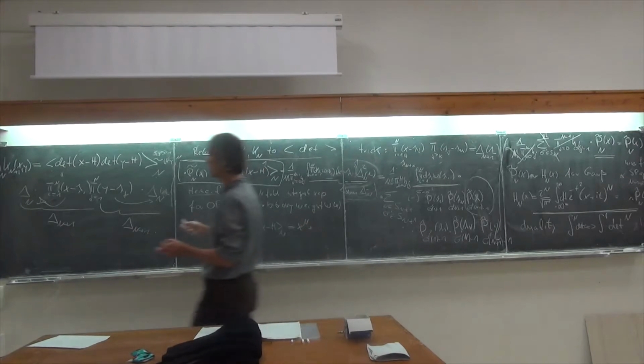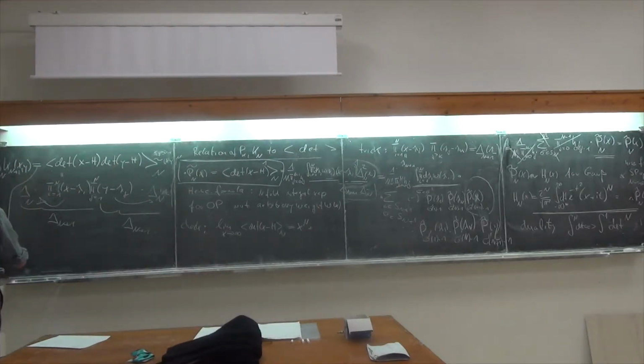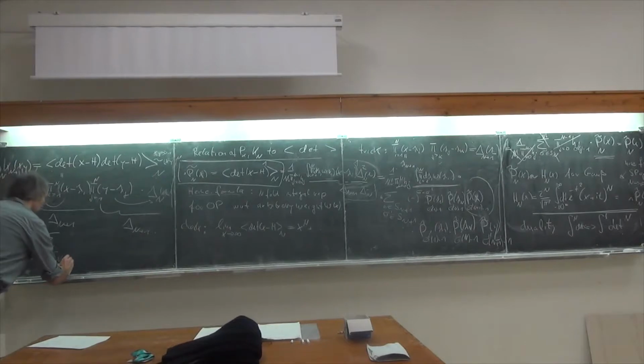So let me try to write this down. So this is h_n, one. Okay, so now one sum of permutations is killed, and we have to do the following.